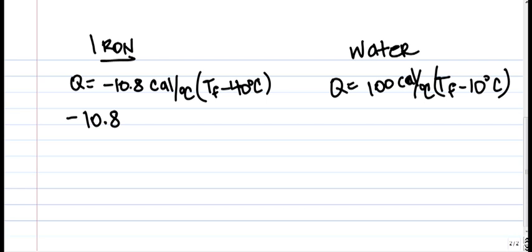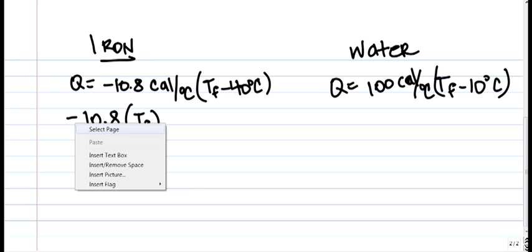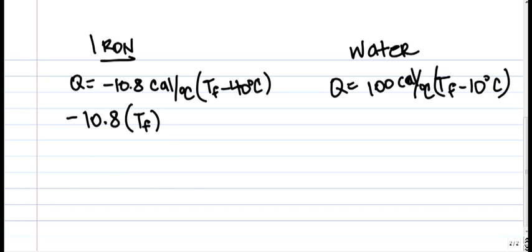Okay, so at this point, we could distribute even further, and we could say I've got a negative 10.8 times my T final plus, it's actually a minus and negative, because my negative 10.8 will distribute into this negative. So I'm just going to go ahead and call it plus 432, which is what you should get when you multiply 40 times 10.8.